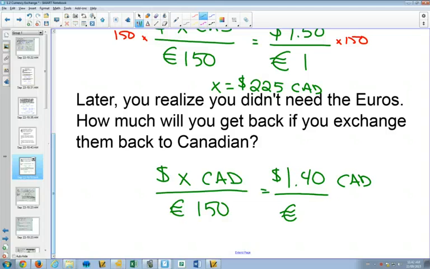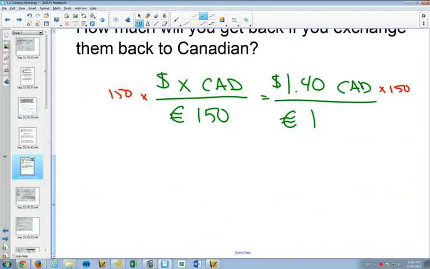And so now when you multiply by 150, you only get $210 back. And so they just made $15 from the exchange.